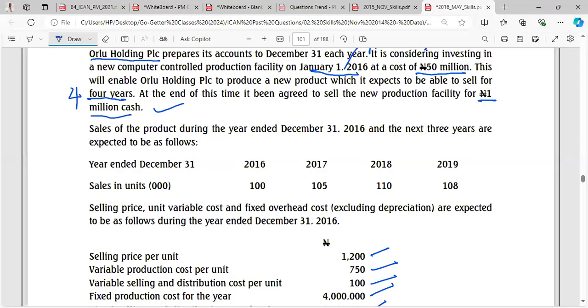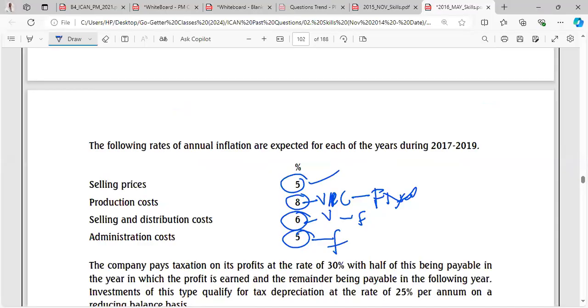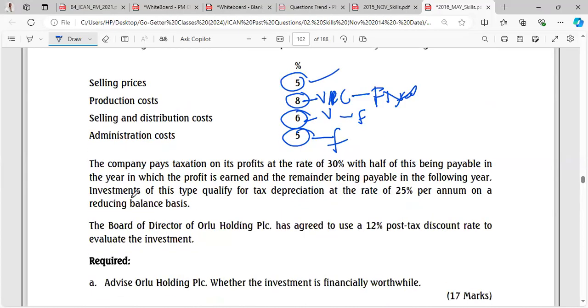And the company pays tax on its profits at the rate of 30%, with half of it being payable in the year in which the profit is earned, and the remainder being payable in the following year. So we need to get the profit.